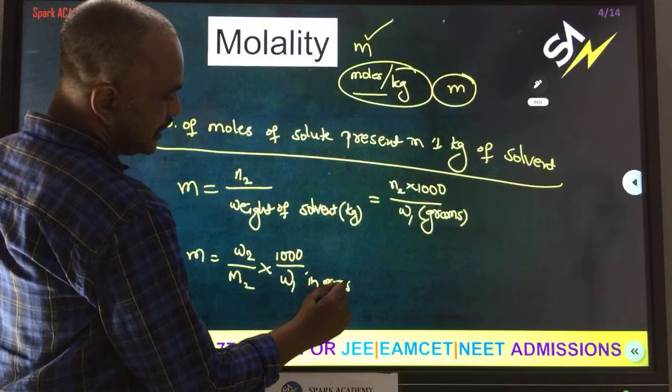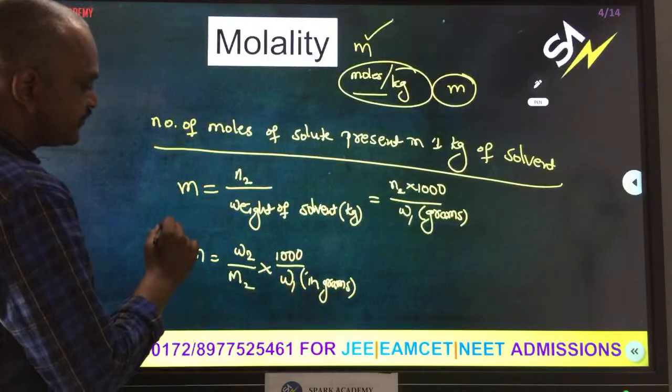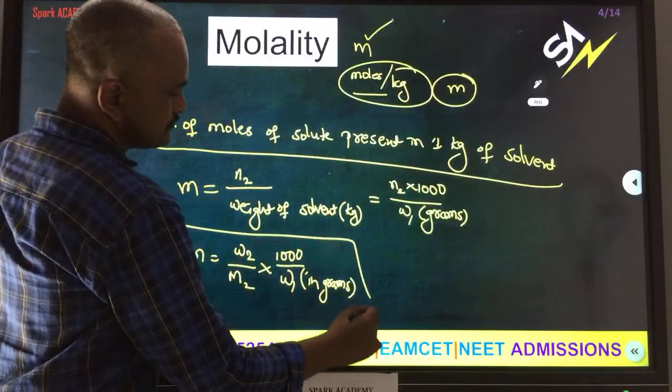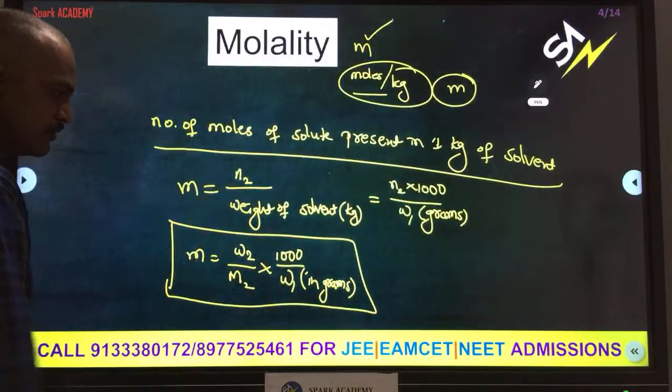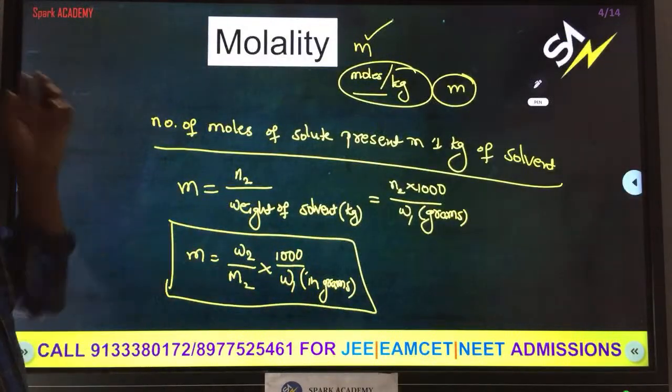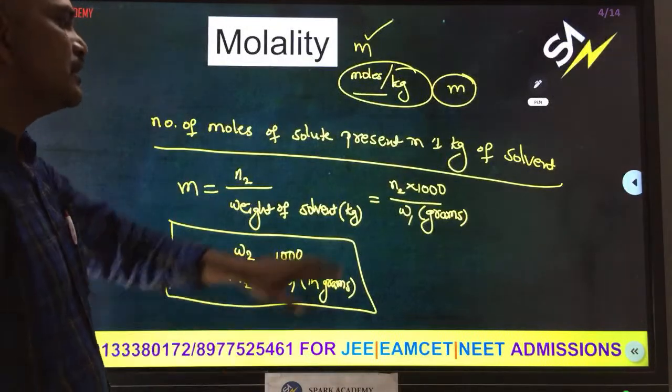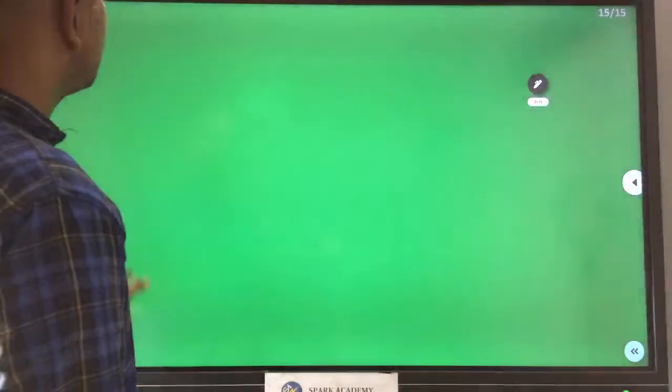This is the complete formula of molality. So that is about molality. How do we define molality?